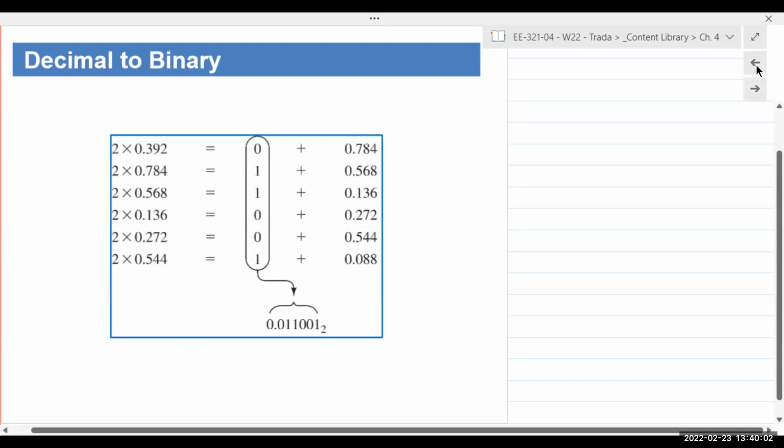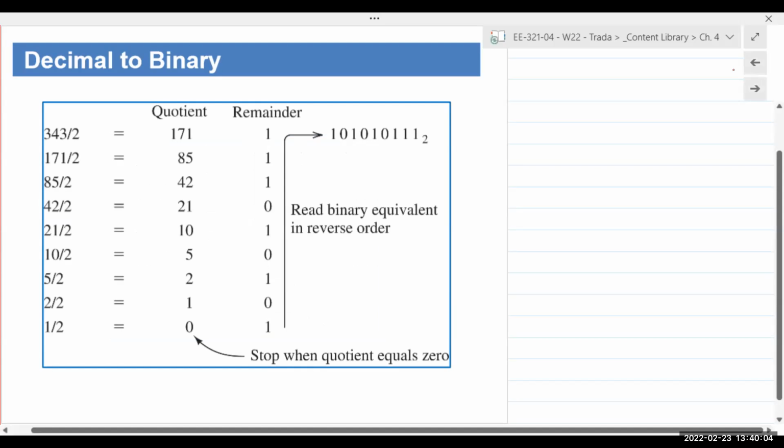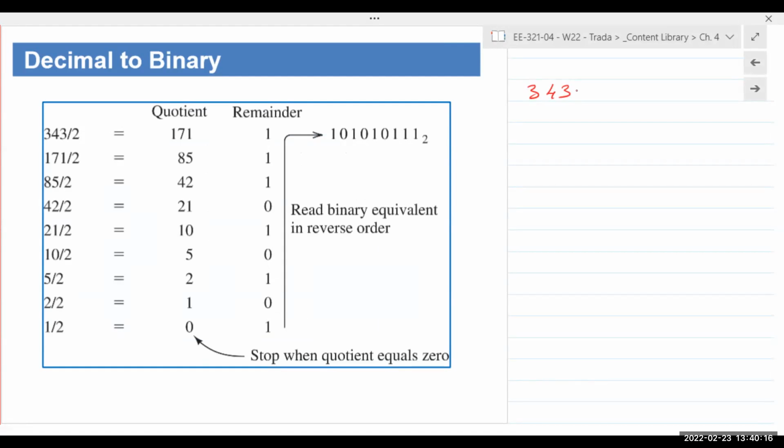Okay. First, let's look at converting a real number. The number being converted is 343. You keep on dividing the quotient by 2 while you separate out the remainder. The remainder has to be either 0 or 1, since you're dividing by 2.